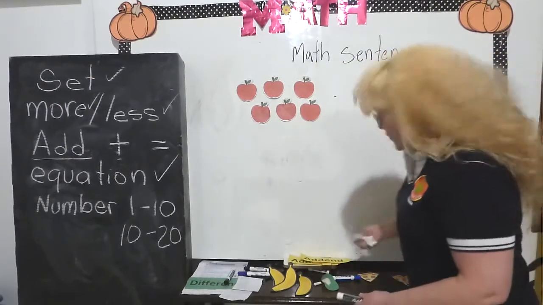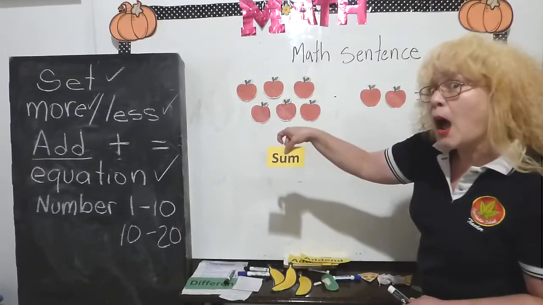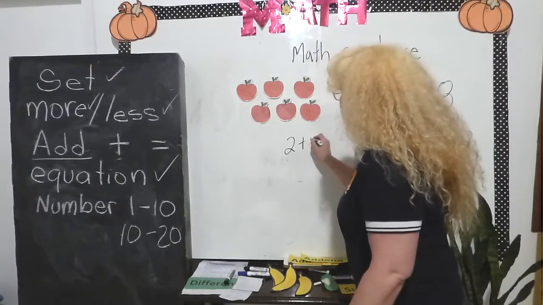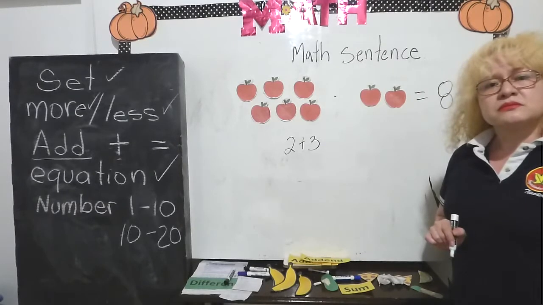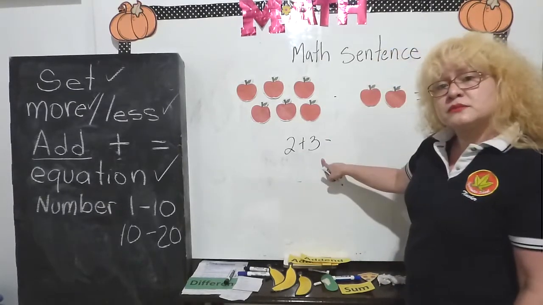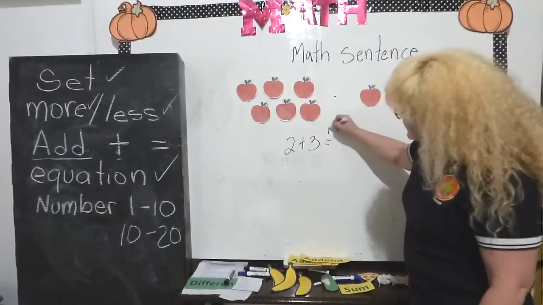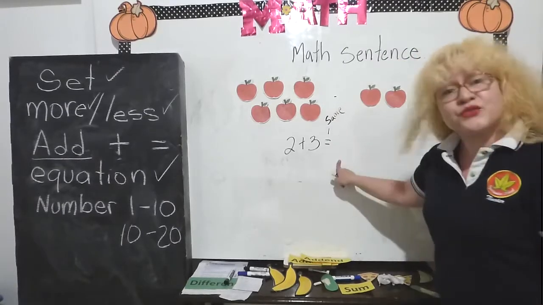What's the number of the answer of an addition? Sum. Okay. Is this an addition? Is that an addition? No. Is that an equation? No. Why? Because I need this one. That tells me the same, and I will need an answer.